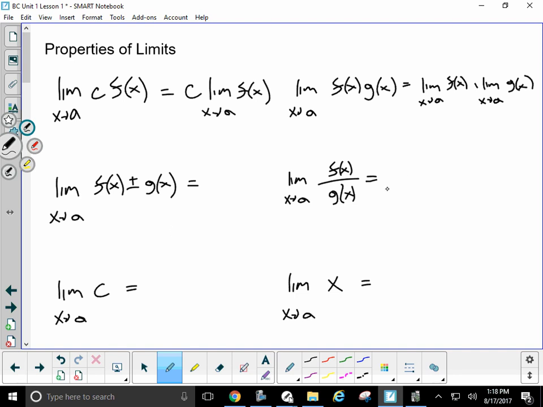If I'm adding, if I'm dividing, it's the same thing. You can add or subtract the limit of f of x to the limit of g of x. Same with dividing. Just take the two separate limits.